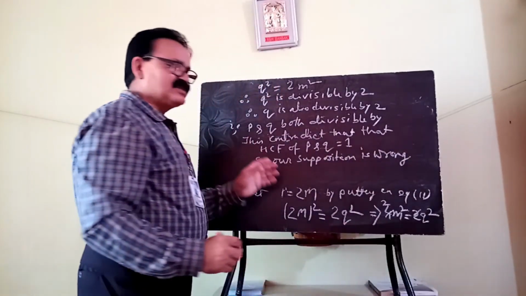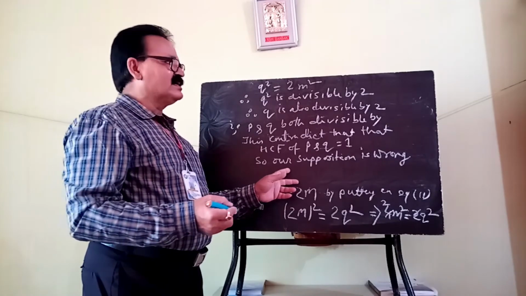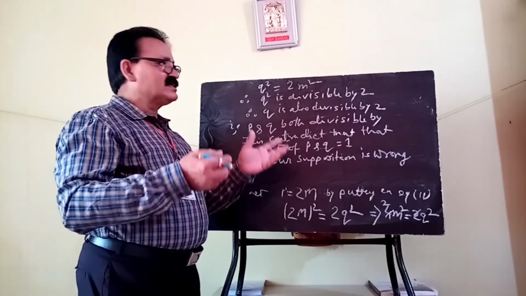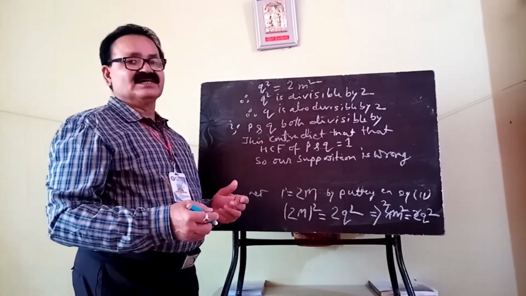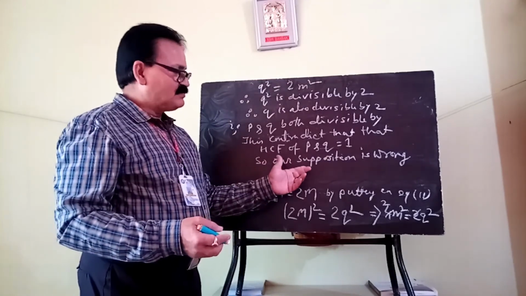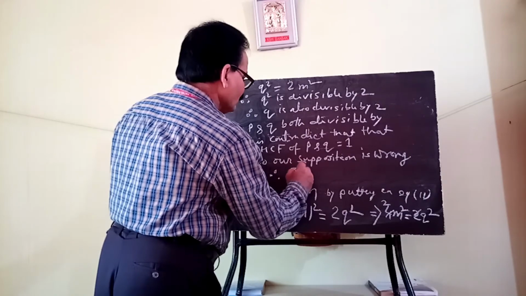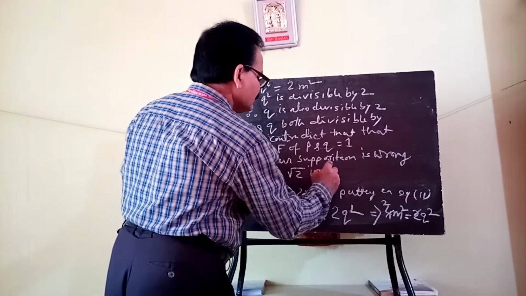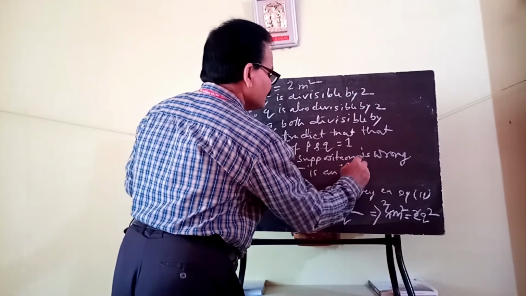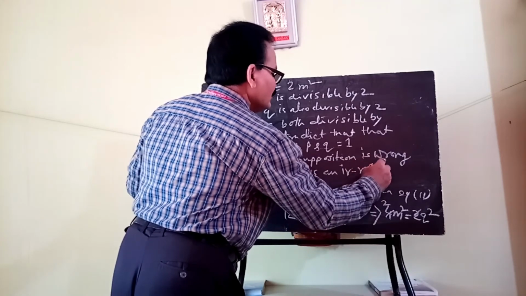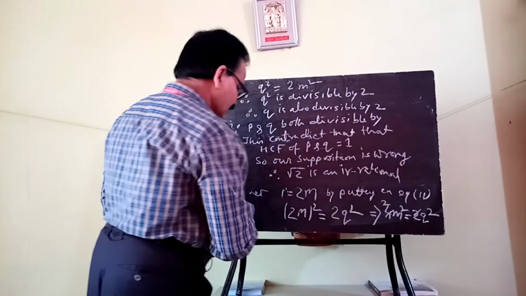What was our supposition? We had considered that root 2 is a rational number. So that supposition is wrong. Therefore root 2 is irrational.